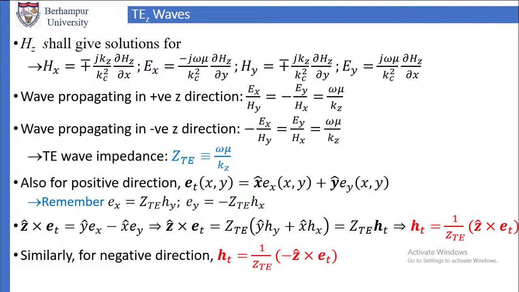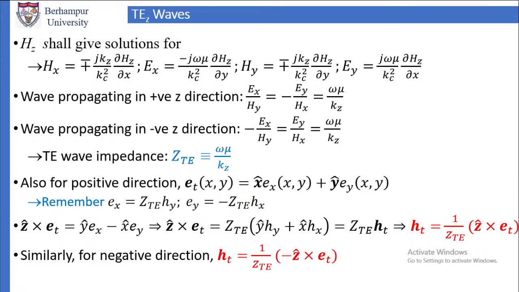Similarly, for positive direction, we can write ET. ET is the transverse electric field. ET is equal to x cap X component of electric field plus y cap Y component of electric field.